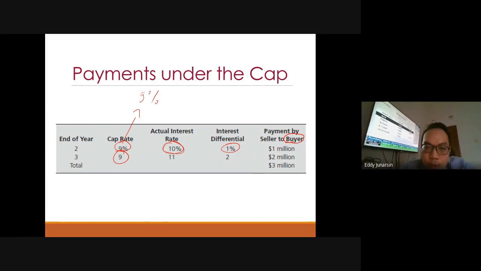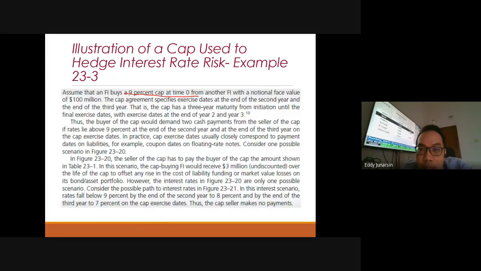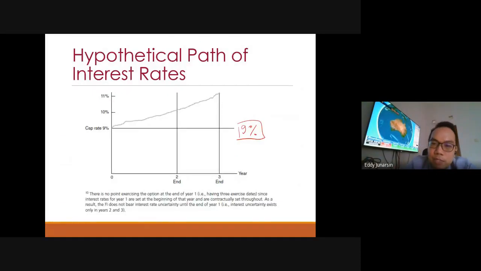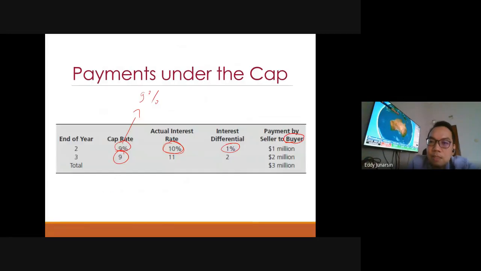So as a long position taker, you get 1% of something, right? Maybe let's see the story. Face value is 100 million, right? So 1% of 100 million is 1 million, right?